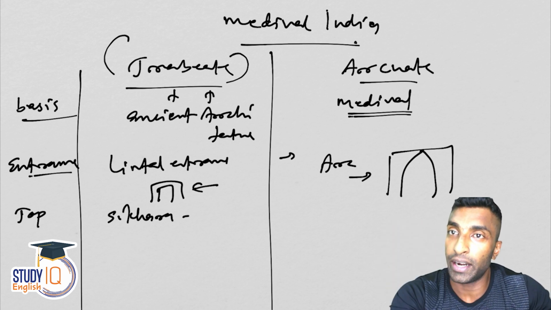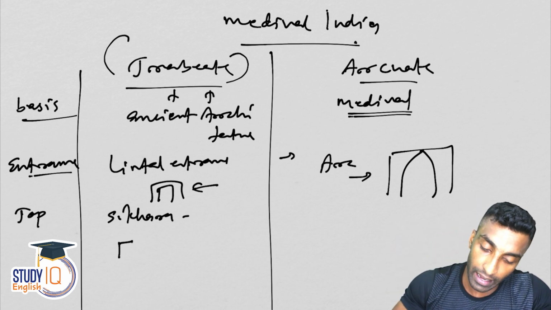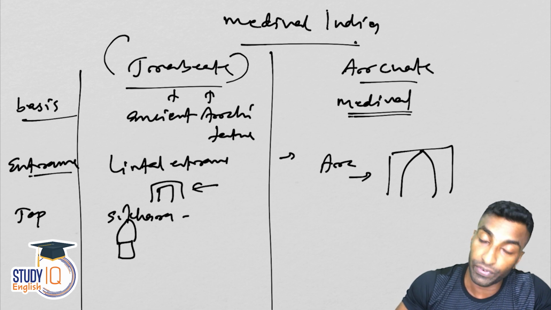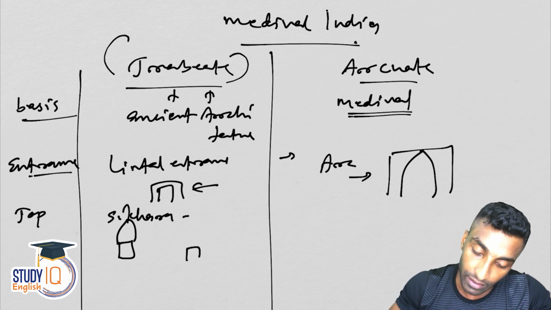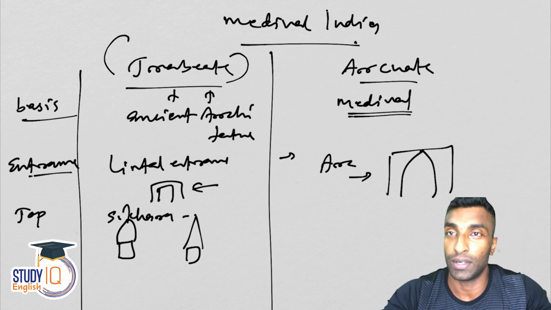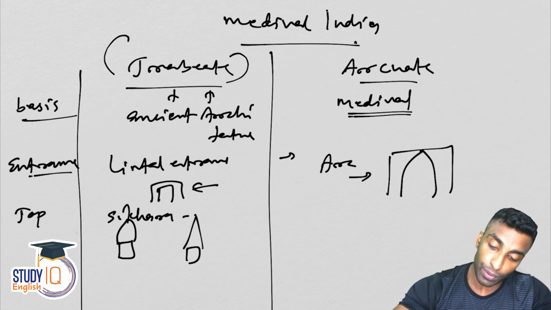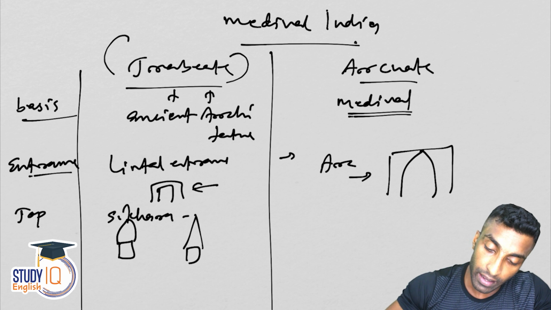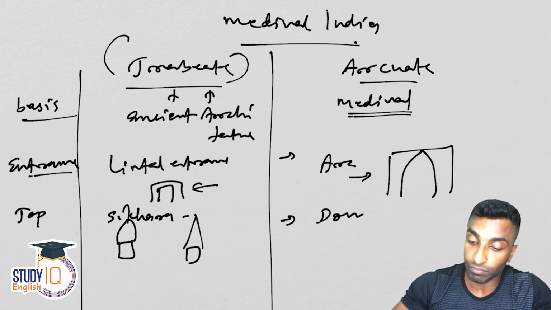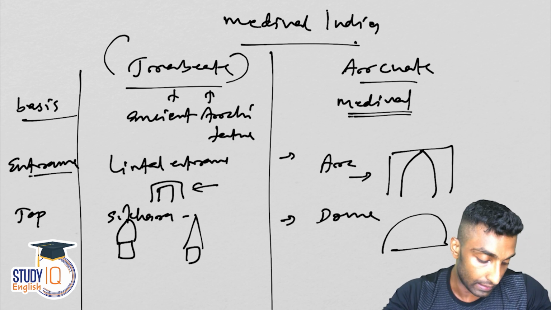If you want, you can draw the diagram also. This is a curvilinear tower, and this is a pyramidal structure. That we have done already. How about this one? Dome. It will be something like this.